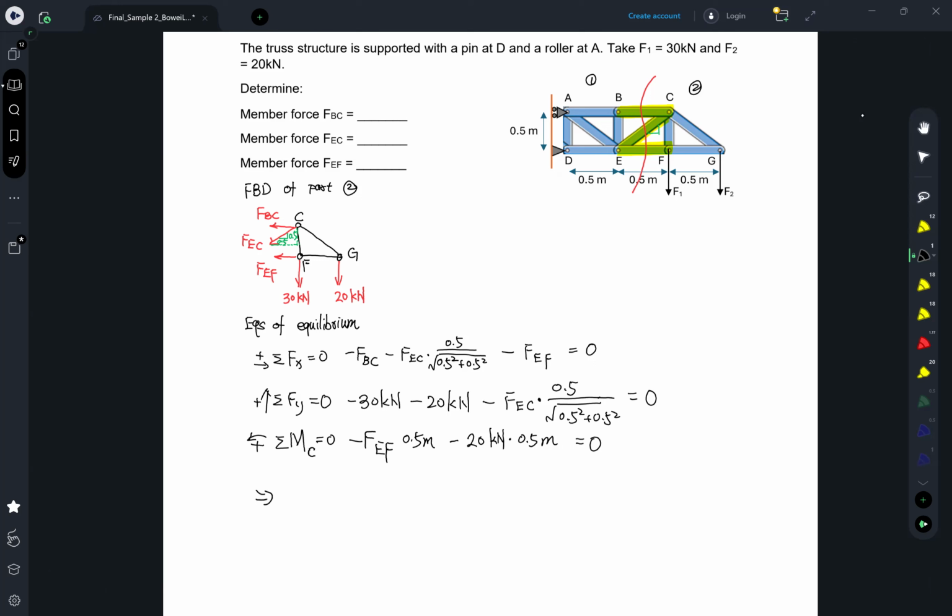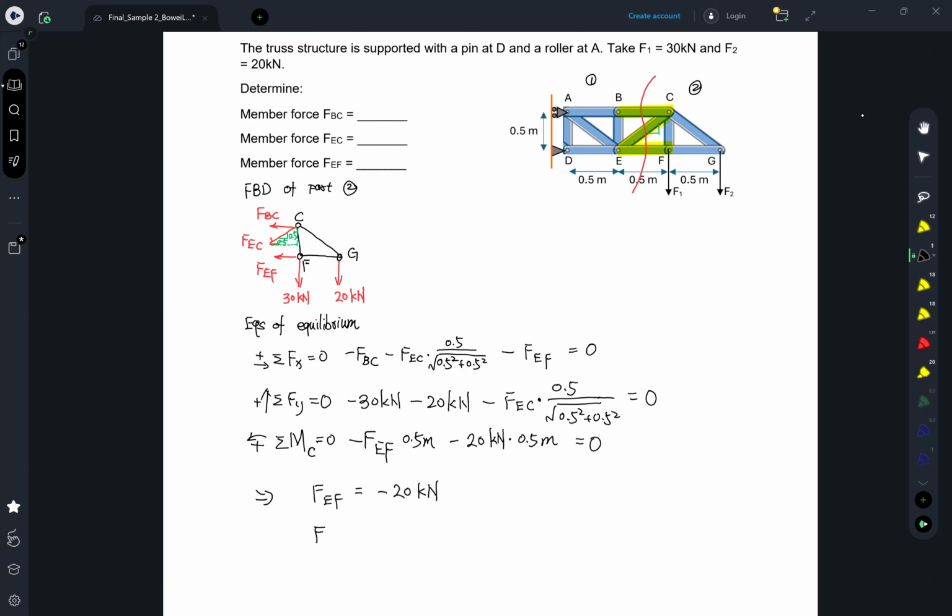By the third equation, FEF equals negative 20 kilonewton. A negative means it is actually compression, right?